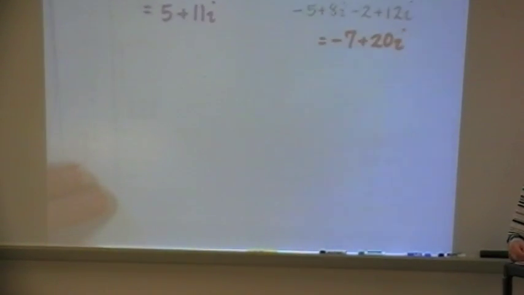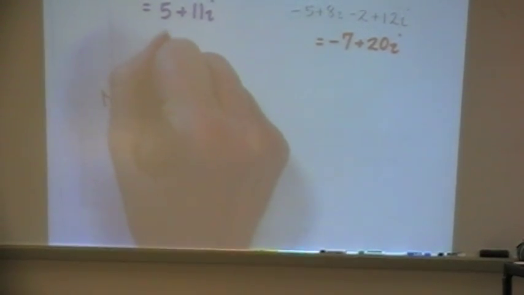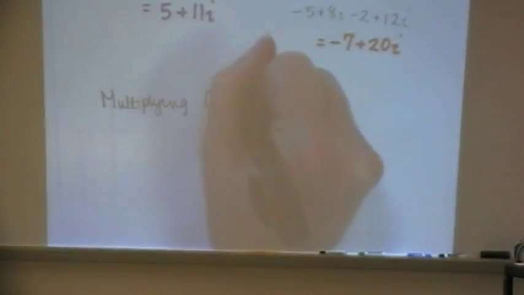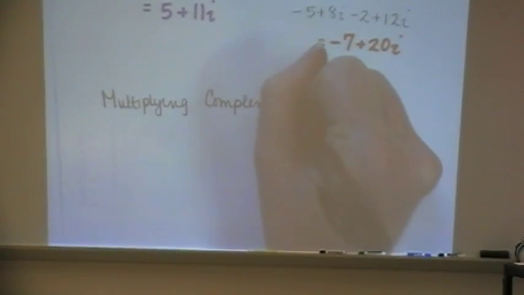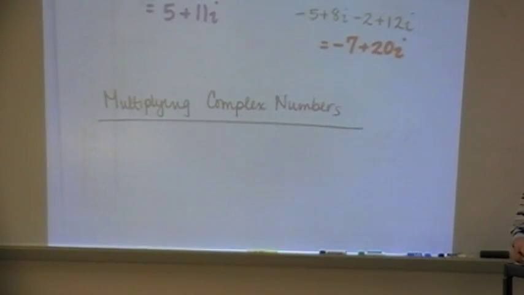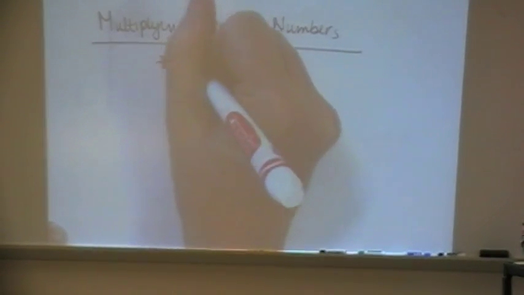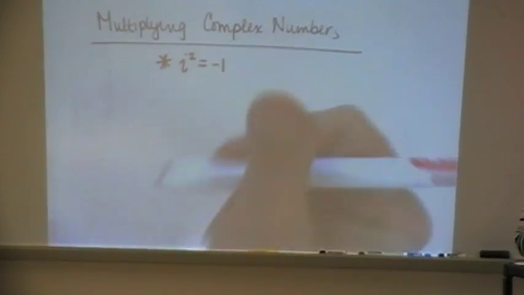Okay, that was easy enough. This next thing is also easy, and we've done plenty of this. One little thing you need to make note of, in case you have forgotten: i squared equals negative 1.